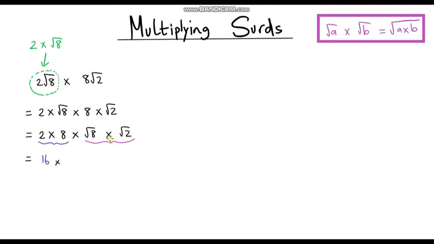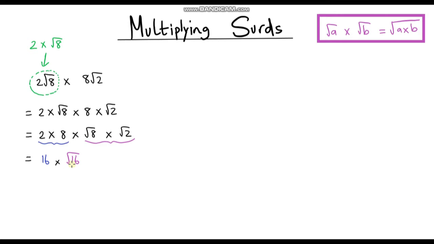The easiest way I'm thinking about doing this is if we look at the top corner here, this was the rule that we came up with to do with surds. When we multiply 2 surds together, that's exactly the same as if we multiply the numbers together and then take the square root of that. So this is exactly the same as the square root of 8 times 2. So we know 8 times 2 is 16, so we're going to multiply by the square root of 16.